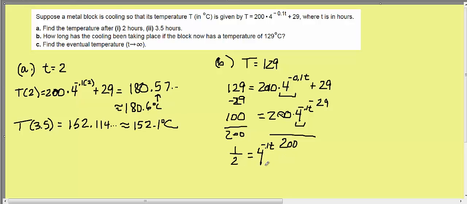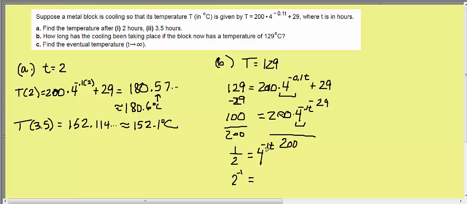Now, these are not exactly the same as far as bases go, so what I need to do is a little bit of algebra using the exponent rules that we've seen again and again. I can rewrite 1/2 as 2 to the negative 1. That's as simplified as I can get.